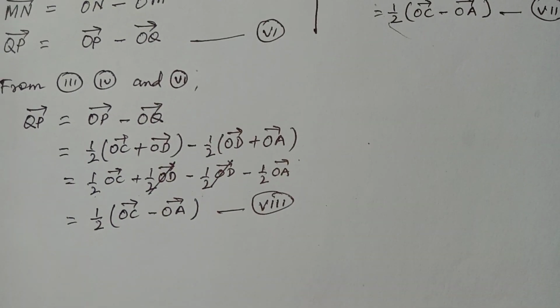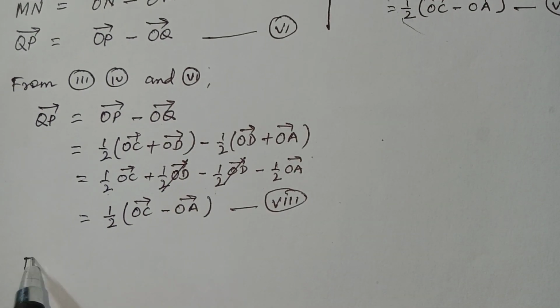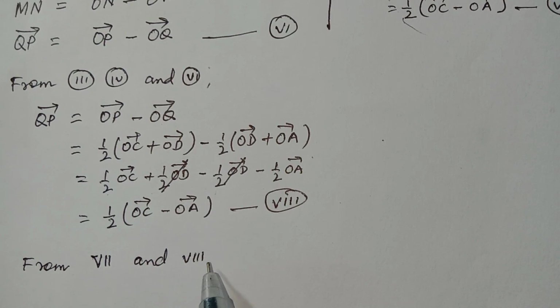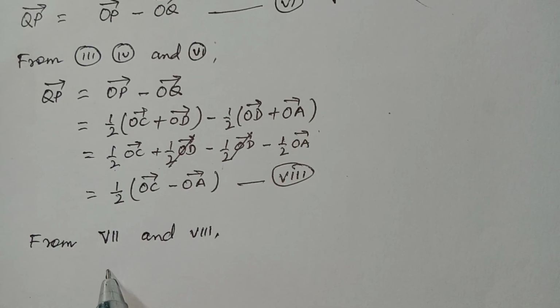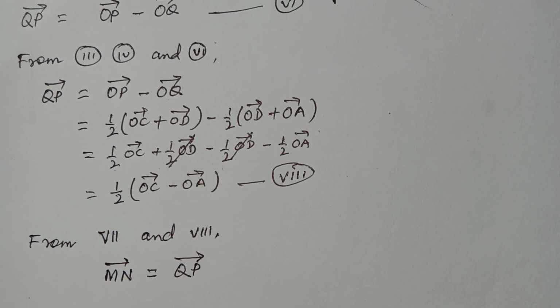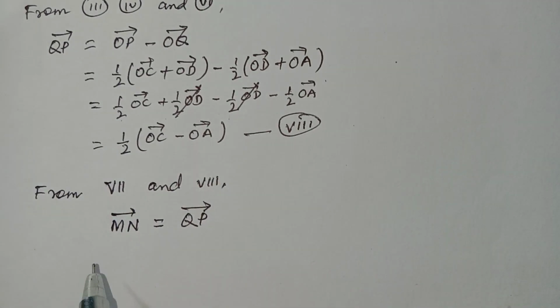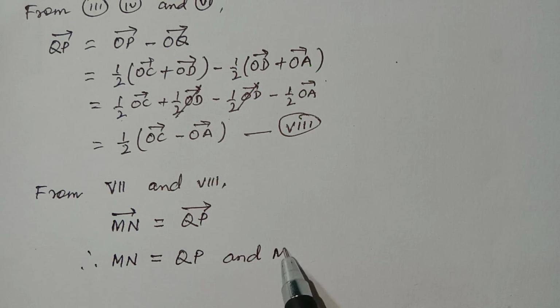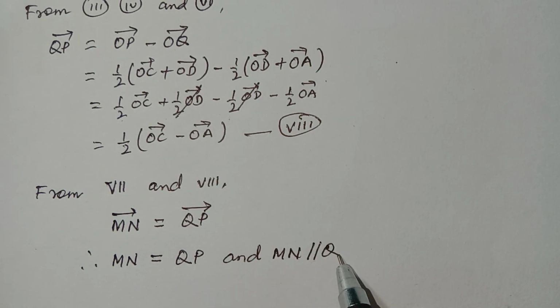From equations 7 and 8 we get vector MN is equal to vector QP. Therefore MN is equal to QP and MN is parallel to QP.